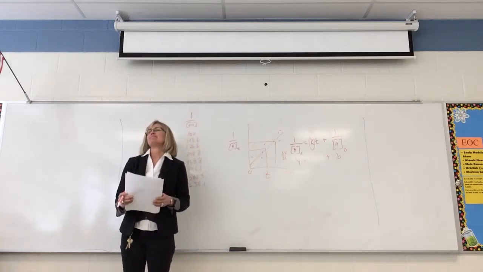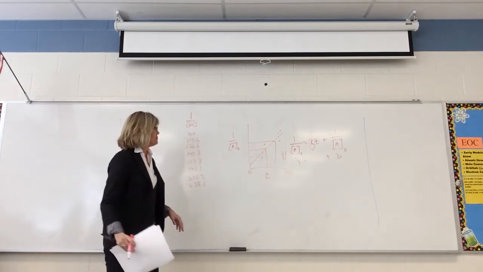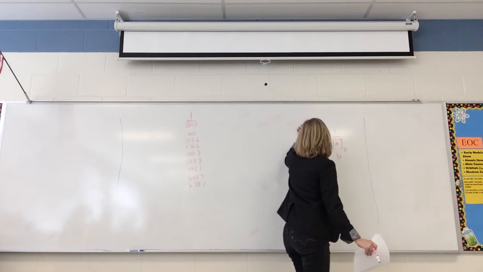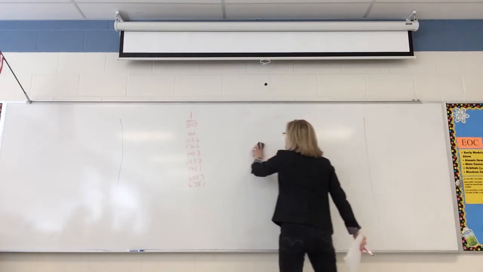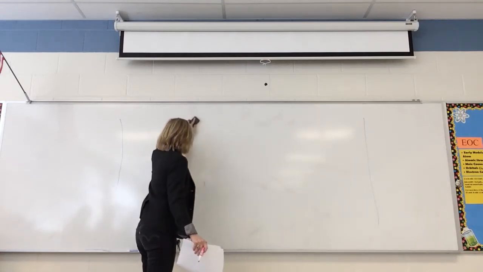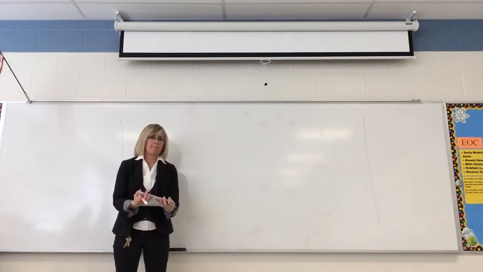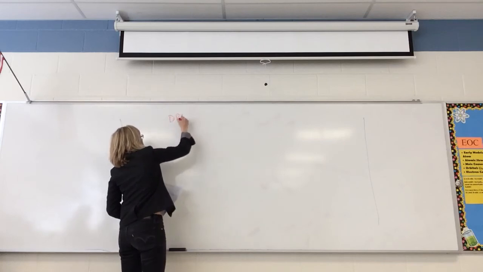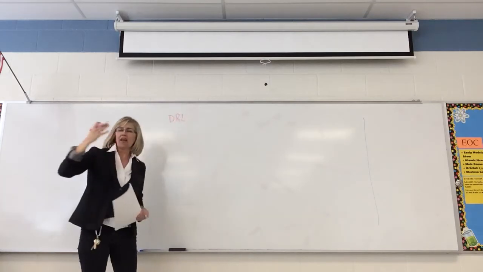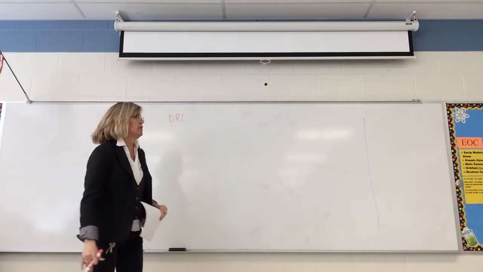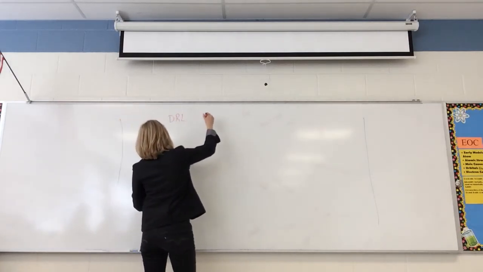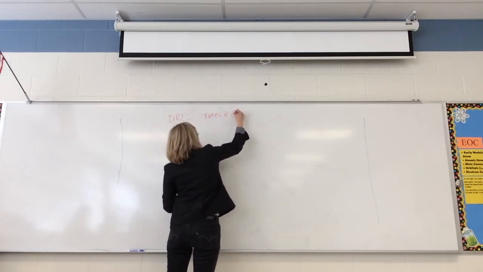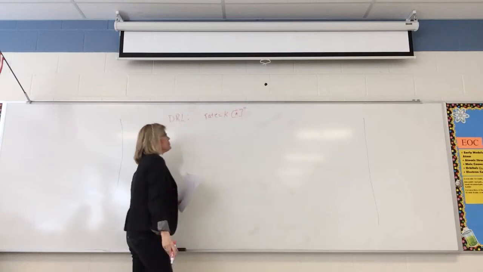All right. So now let's look at zero order reactions. The differential rate law of a zero order reaction, and remember this is looking at having one reactant for the sake of argument, would be rate equals k times A to the 0, which means what?